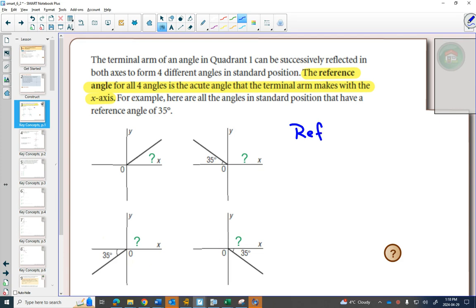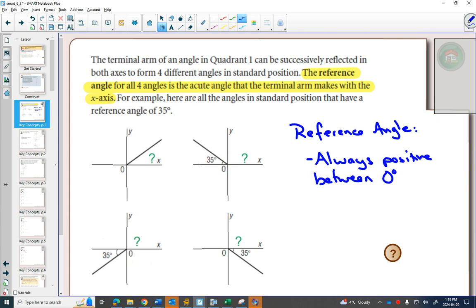And maybe off to the side, you write a little note. It's always positive and between 0 and 90 degrees. The angle to the nearest x-axis.